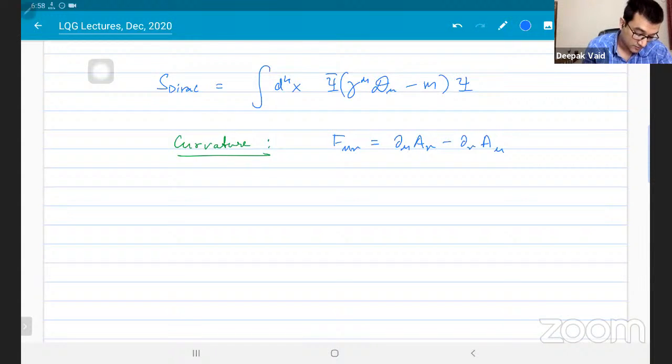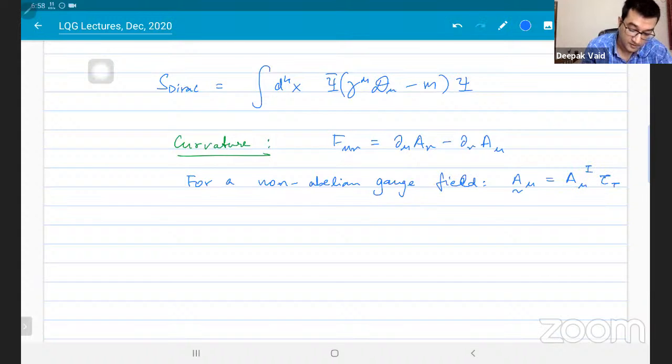Now, what is the definition for a non-abelian gauge field? How do I write down my non-abelian gauge field? I write it as this. So how do I define the curvature here? The curvature should be F mu nu.